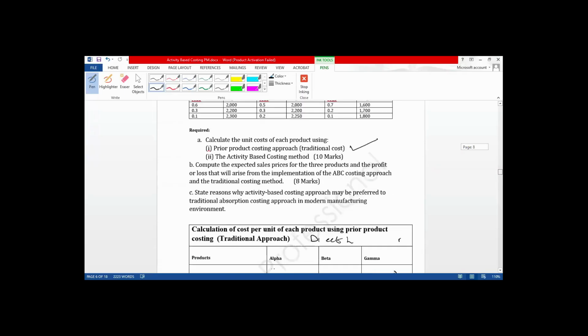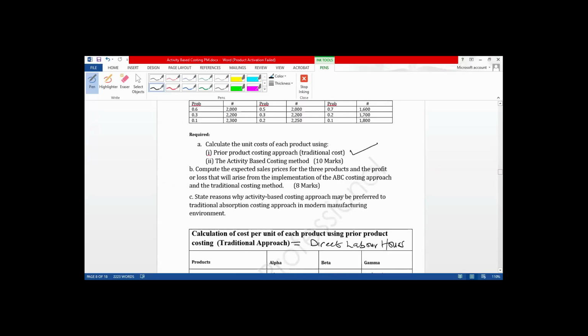Requirement B says, calculate the expected sales prices for the three products and the profit or loss that will arise from the implementation of ABC approach and the traditional costing method.